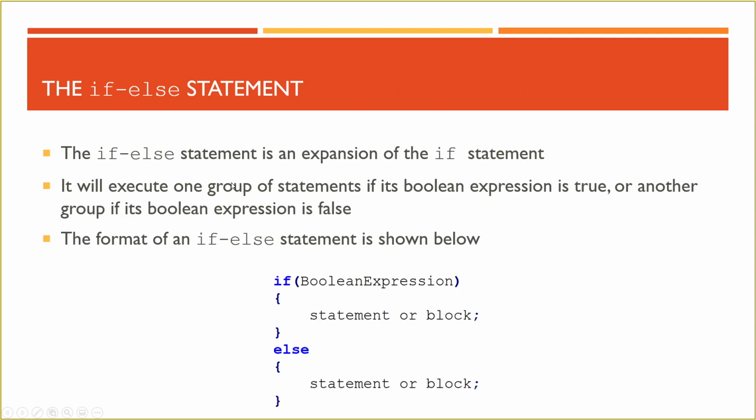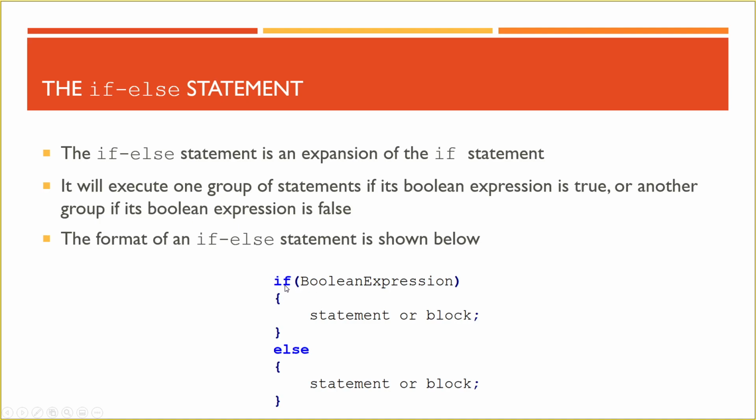We have another kind of statement called the if-else statement. And I'm going to do a couple of examples of these here in just a second. But the if-else statement expands the if statement to say, well, if this is true, then I'm going to do something. Else, I'm going to do something different, right? So the format of that, the if header is the same.